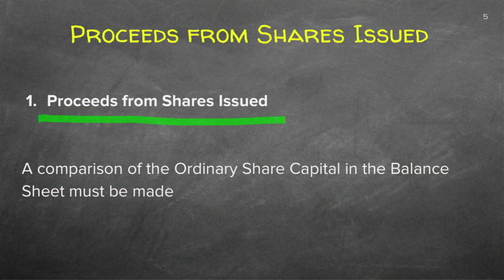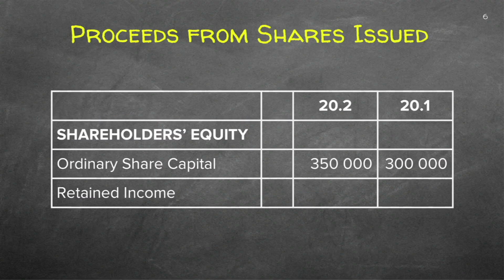So we need to go into our balance sheet. There we have our balance sheet, and we need to look at our ordinary share capital. Here I'm in the balance sheet and I have shareholders' equity. Remember, we have the current year first and the previous year second.